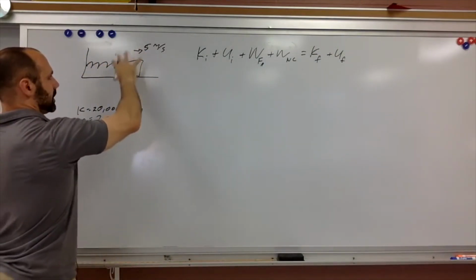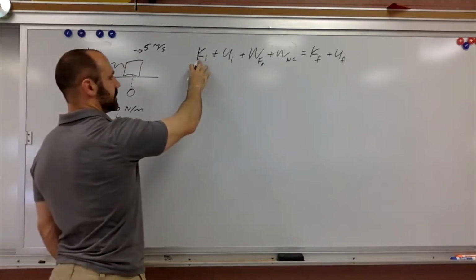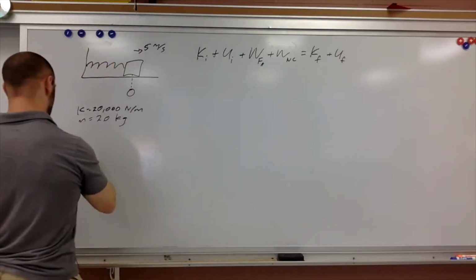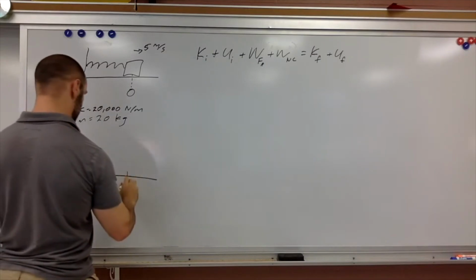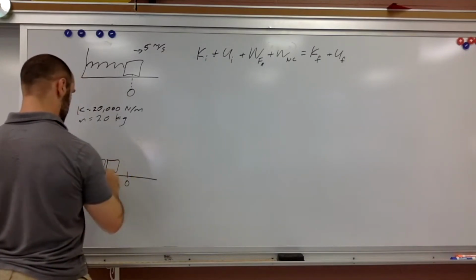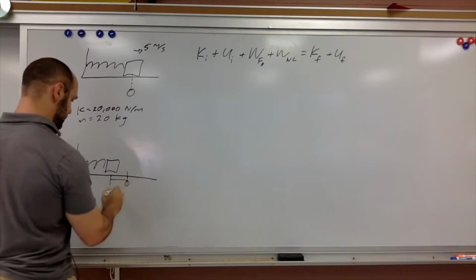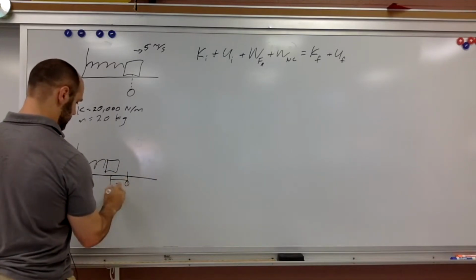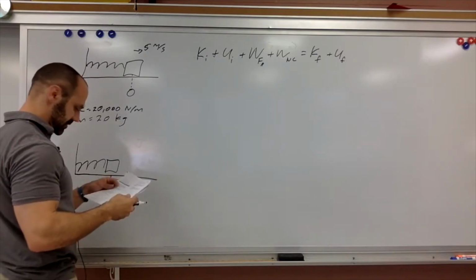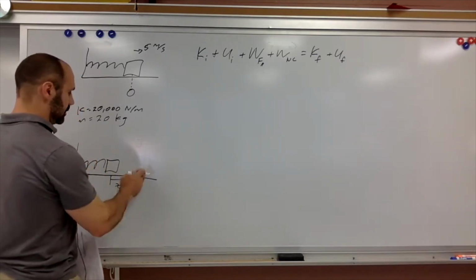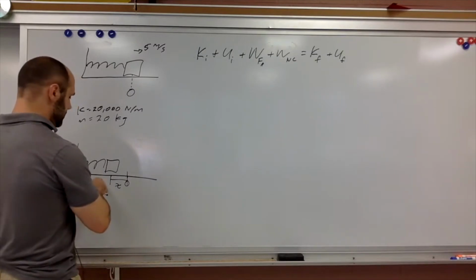This is where I have my information, so I can use this as my initial point, versus the place where it has maximum displacement, whatever this is. Let's just call it x. Does it say compression? It just says maximum displacement, so that's here or over there. This is my final condition.